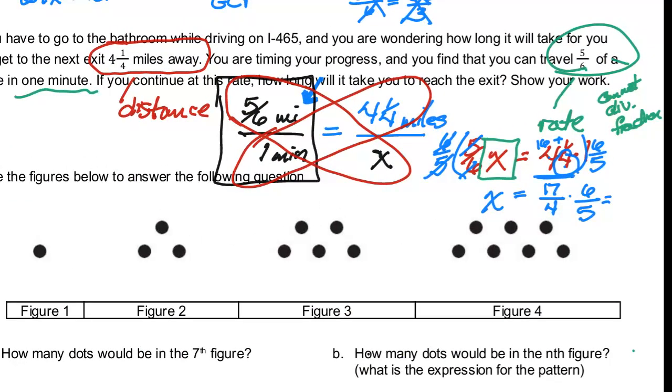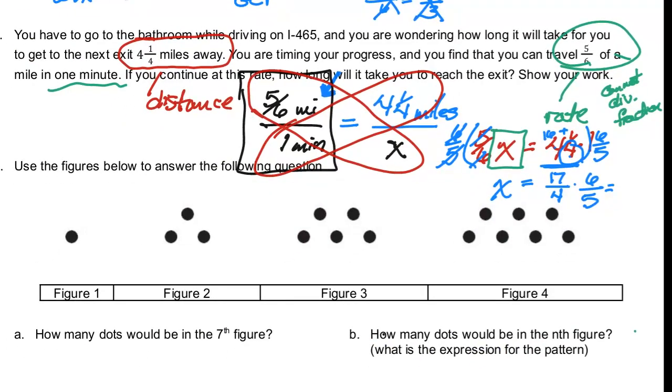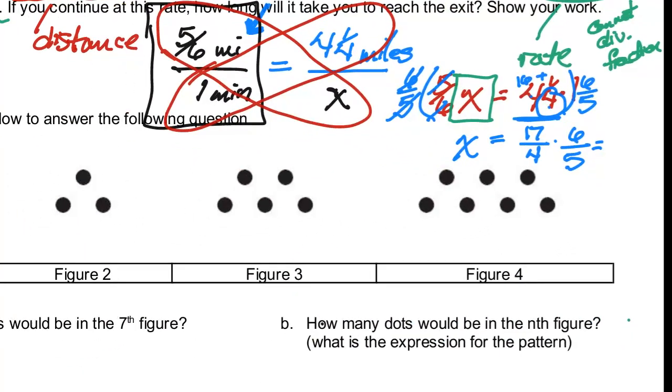All right, so on your calculators, multiply those together. And we are trying to figure out how long it's going to take us to get to that next exit. You guys have some calculators out there, so multiply. Oof. You could simplify a little. 2 goes into 4 twice, 2 goes into 6 3 times.